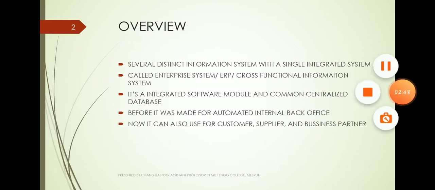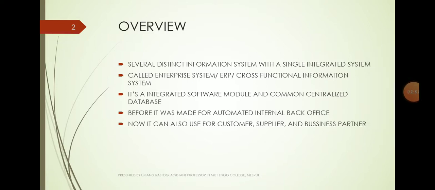Suppliers are those who are indirectly related to the college, like the transportation department, the security department, the publisher department. These departments are suppliers related to your college organization, and others are business partners. Business partners means industry-oriented business partners also come into the ERP.